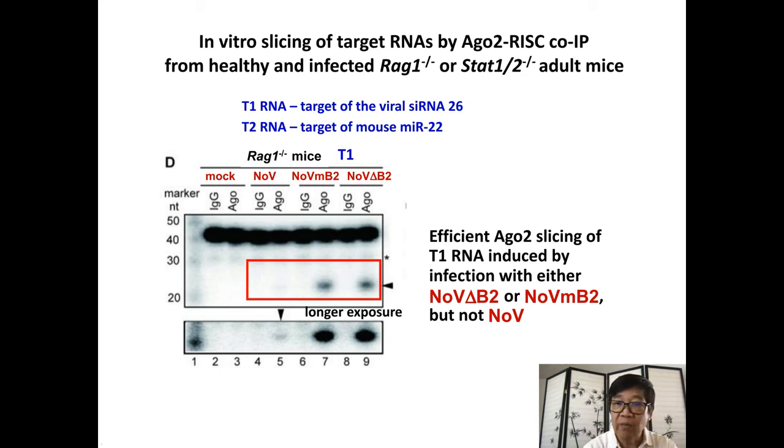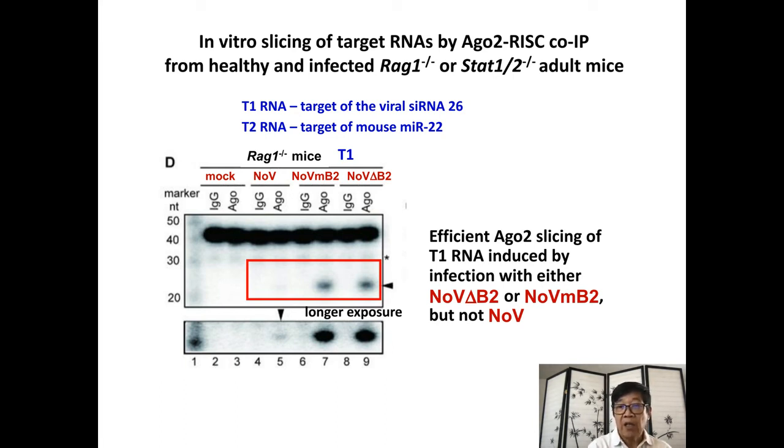So these slides compare RNA splicing in RAG1 mice infected by Nodamura virus or mutant virus. As you can see from the two lanes on the right, infection by either mutant virus triggers very efficient splicing of T1 RNA.